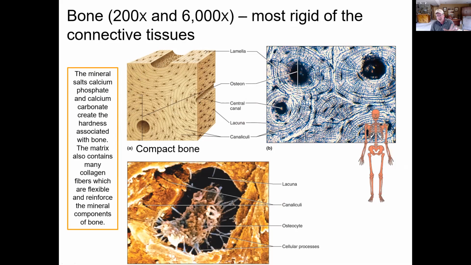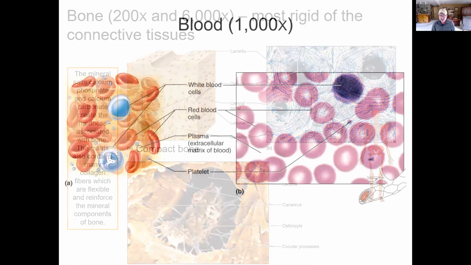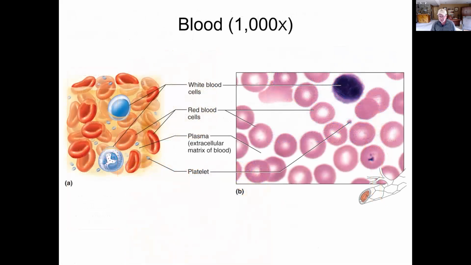So bone, most rigid of the various connective tissues. And now we have the most liquid of the connective tissues. I mentioned this earlier, the blood. The blood's matrix we called what? Plasma, right? The plasma of your blood, which is a straw-colored fluid made up primarily of water, 92% water.